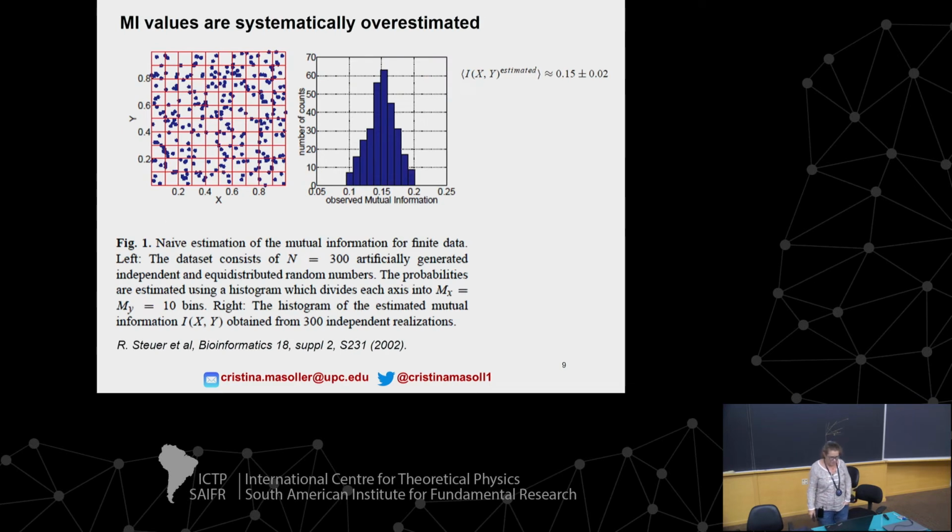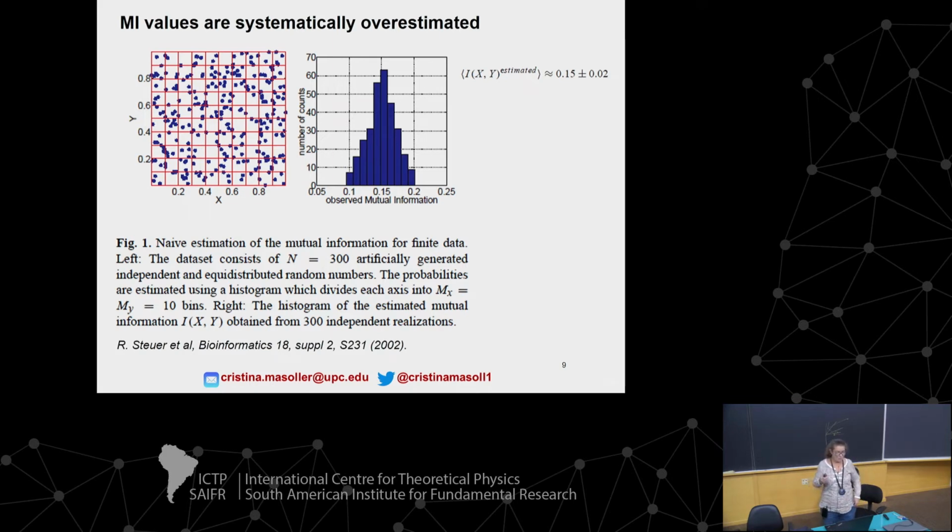Okay, so this is an example of why you need to look carefully at the mutual information. What does a positive value mean? Because if you have two time series which are completely random, and in this case it is 300 data points generated randomly between 0 and 1, there's no correlation in any variables.